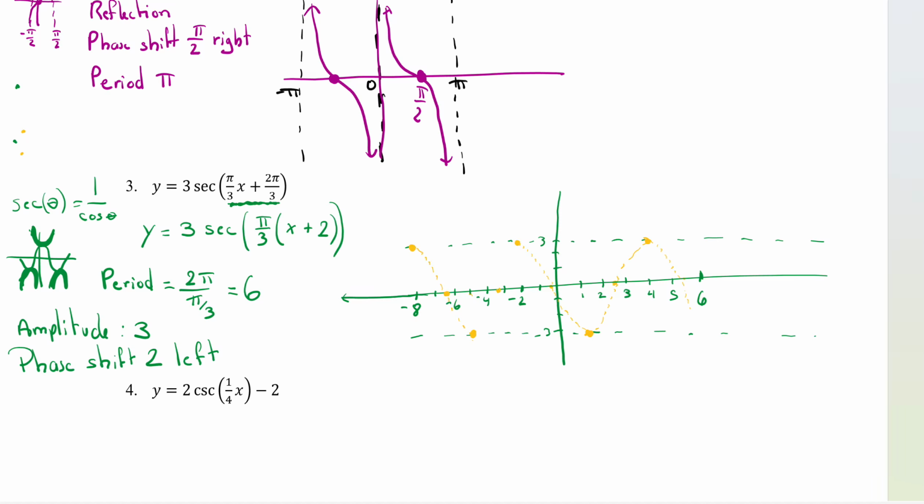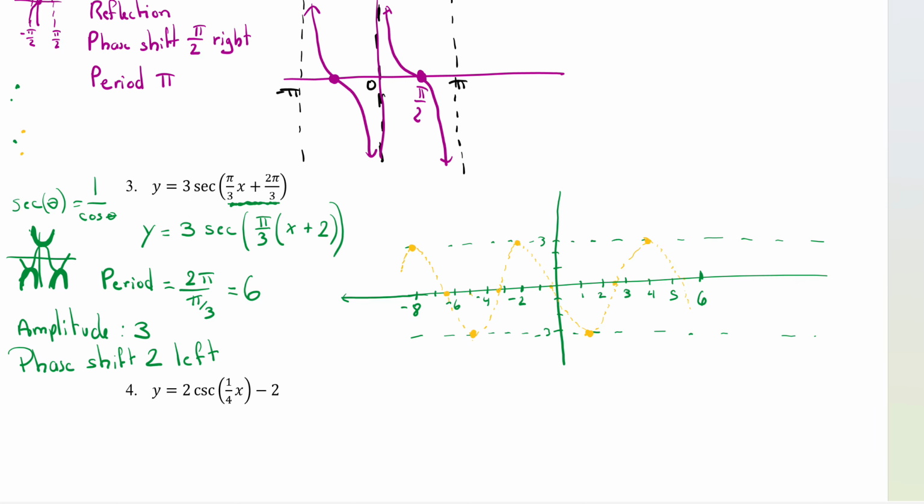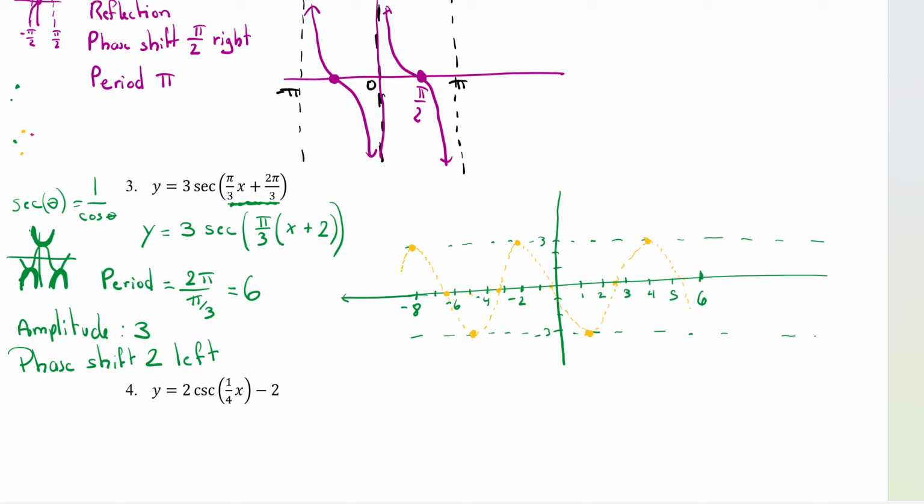Okay, and why do I want that? Because now it's nice and easy to graph the graph we actually want. The asymptotes are going to be, let's put those in a different color as well. The asymptotes are going to be wherever the cosine is 0, right?